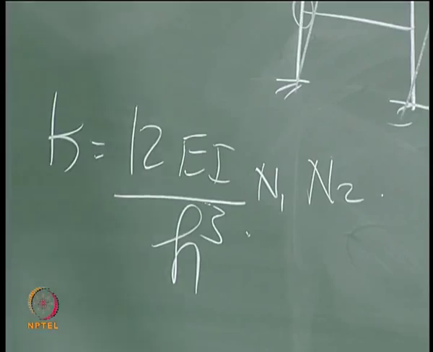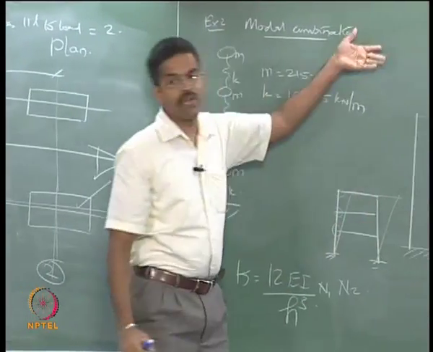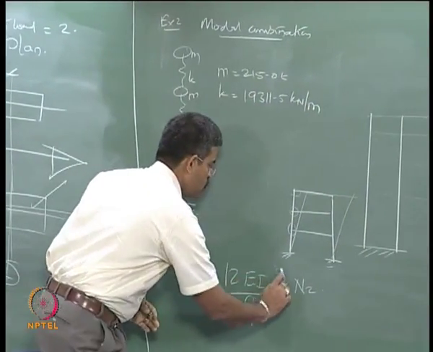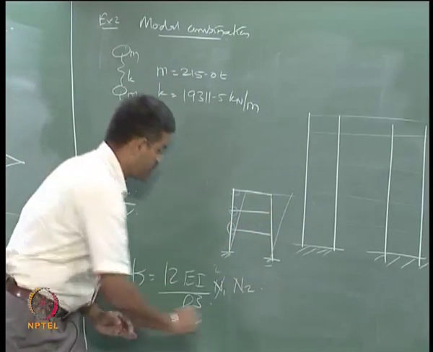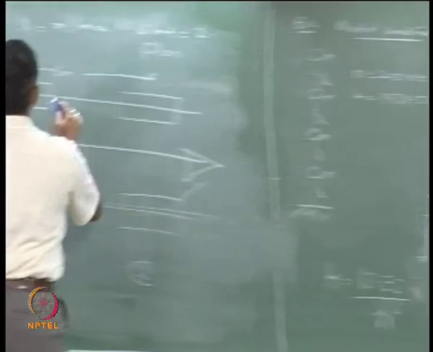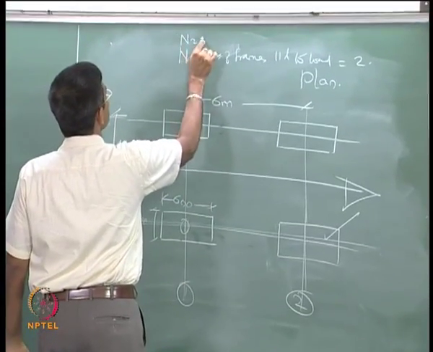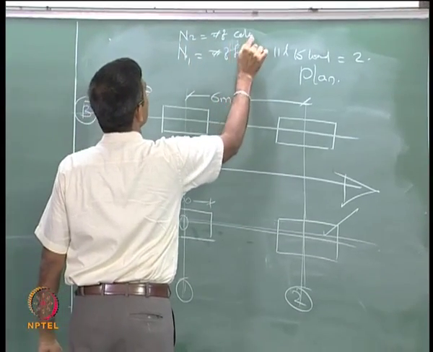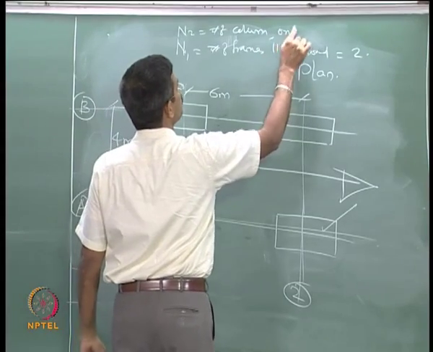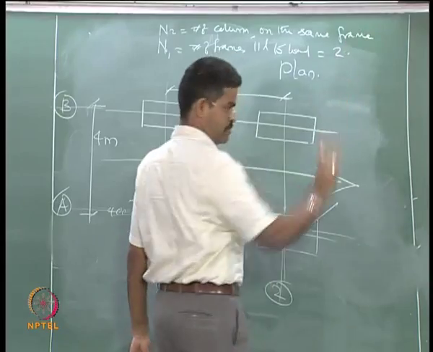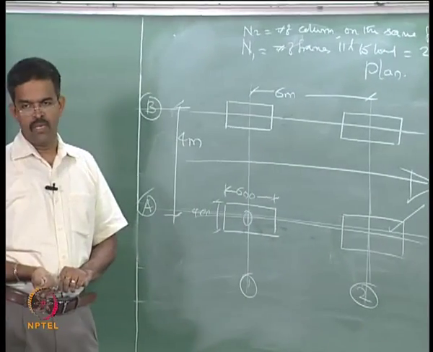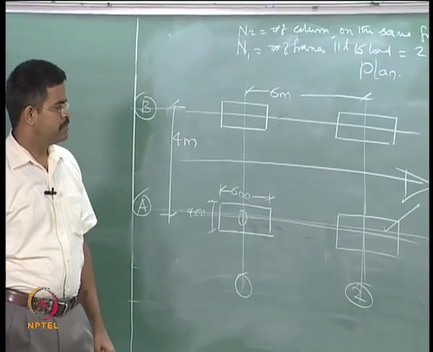N1 is the number of parallel frames I have, so in my problem this is 2. N2 is the number of columns on the same frame which I am considering, which is again 2.